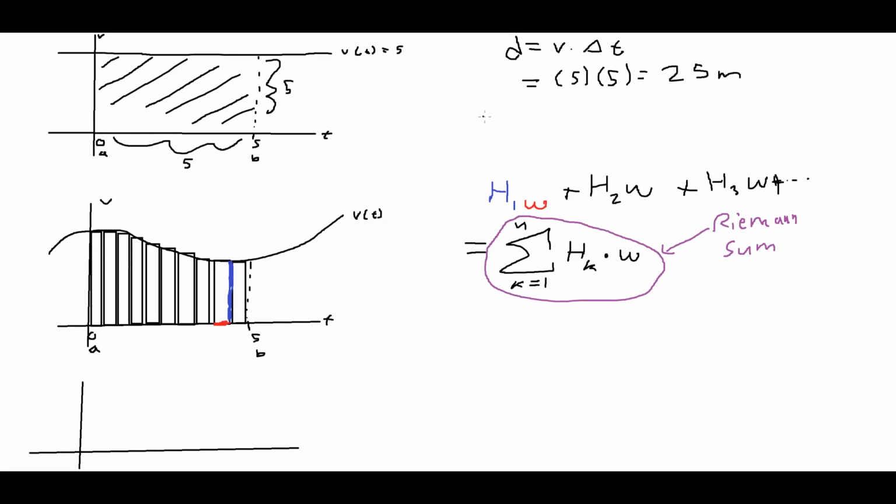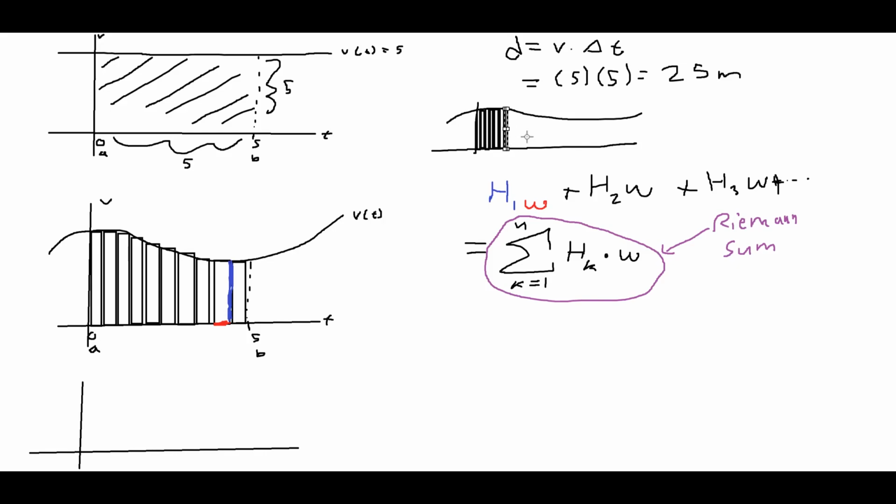In fact, let's just draw that out right here. If you think about it, if each rectangle was really small, small as in the width was really small, you can start to see that the area is going to be much more closely approximated.